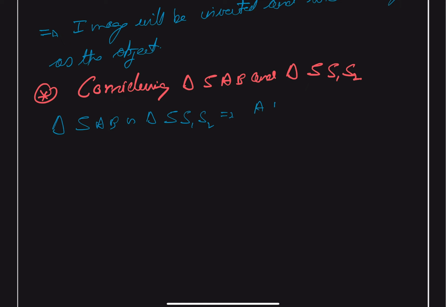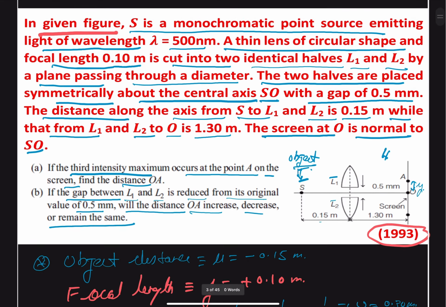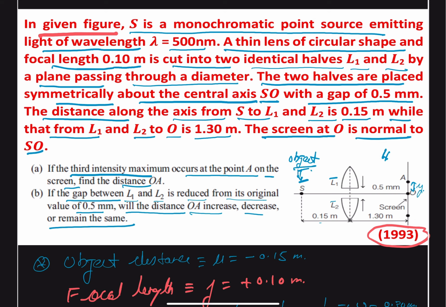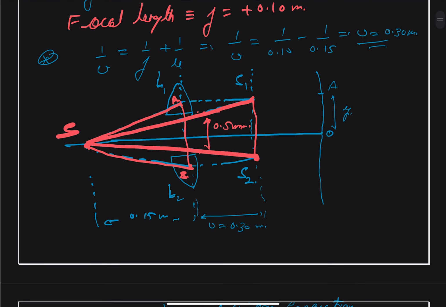Therefore, AB divided by 0.15 will be equal to S1S2 divided by 0.45. AB is given as 0.5 mm, and we can assume that the other distance is negligible, so we can simply say AB is equal to 0.5.